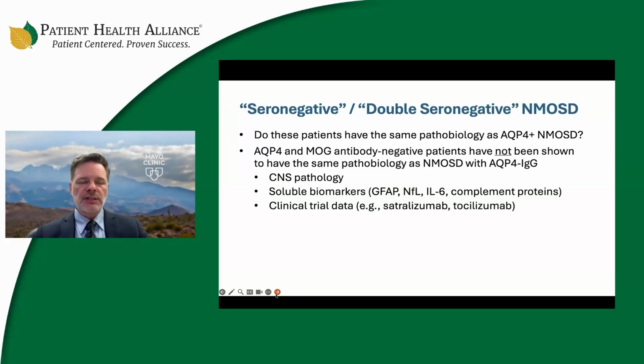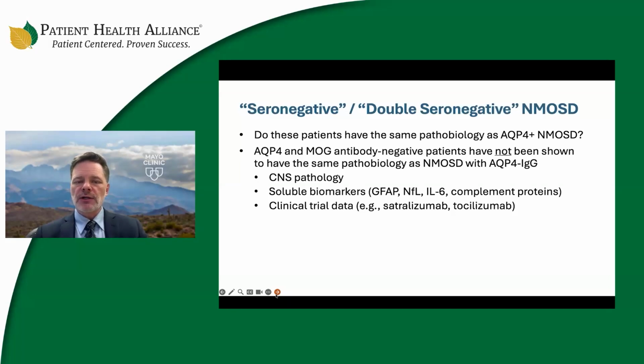And the bottom line is, after extensive review of the evidence, that seronegative or so-called double seronegative patients have not convincingly been shown, either as a whole or in subsets, to have the same pathobiology as NMOSD with aquaporin 4 antibodies. From the pathology standpoint, there are no cases published that we could detect or identify in which a seronegative patient tested with valid reference standard assays showed the kind of immunopathology that is seen in patients with seropositive disease.